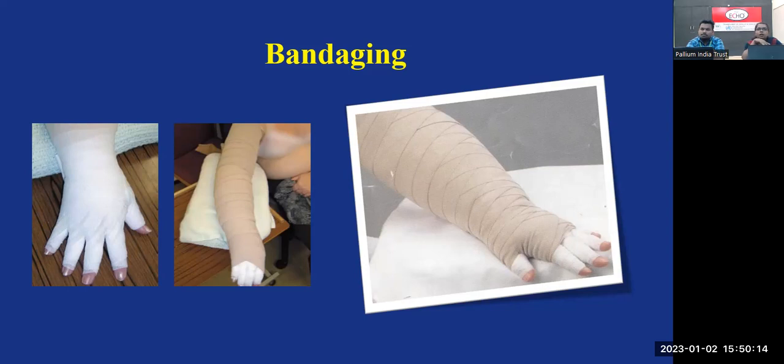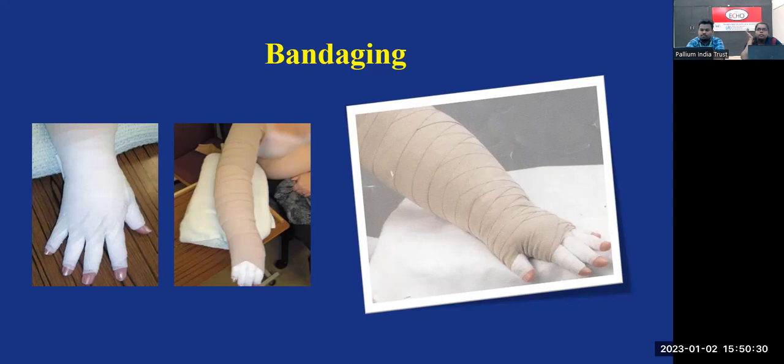Then after clearing the proximal part, you go to the distal part, and after that you finish with the deep breath exercise again. So after manual lymphatic drainage, you have to do the bandaging.